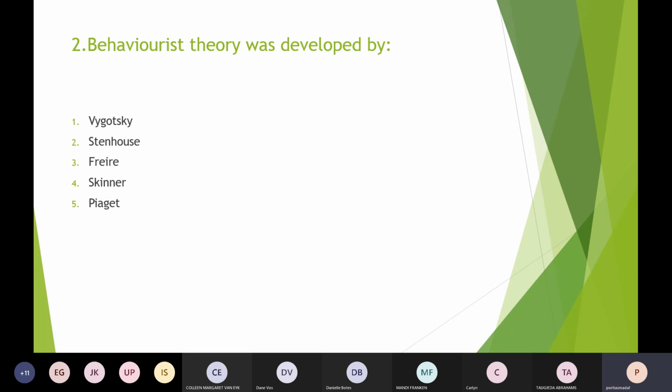Anyone else differ with that answer? Danae? No, ma'am, we agree with her answer. All right. So what did Vygotsky believe in, seeing that you agree with Skinner?